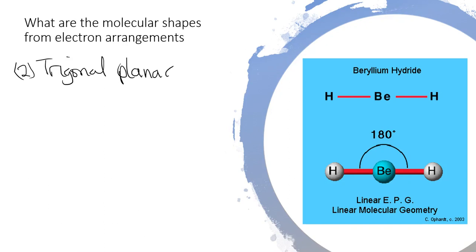So a trigonal planar is like a triangle. If you draw a triangle on paper in a plane, and within that triangle you put a central atom here, and then you have side atoms.